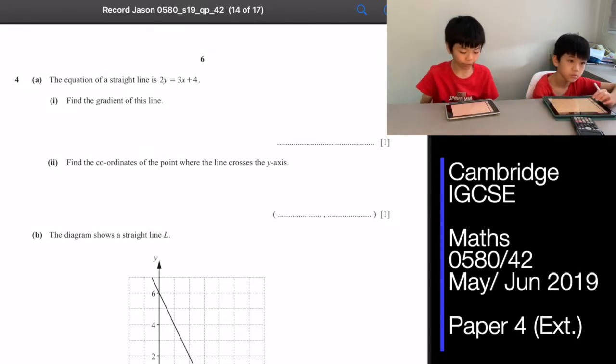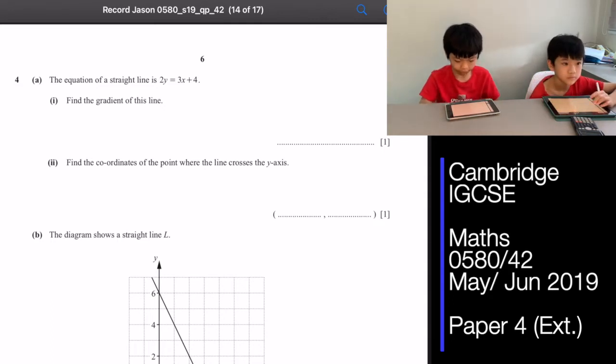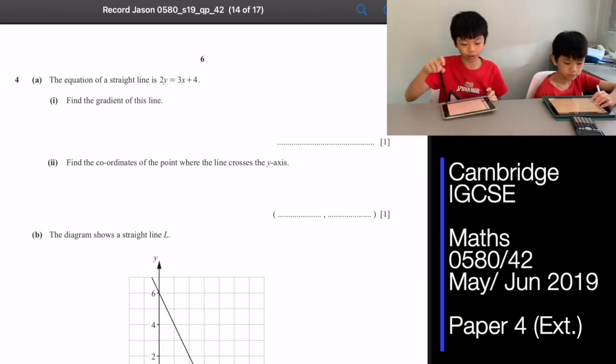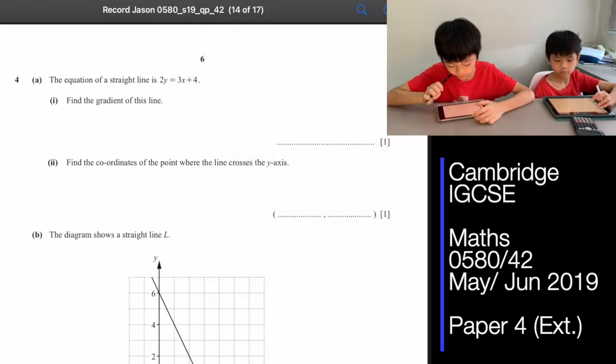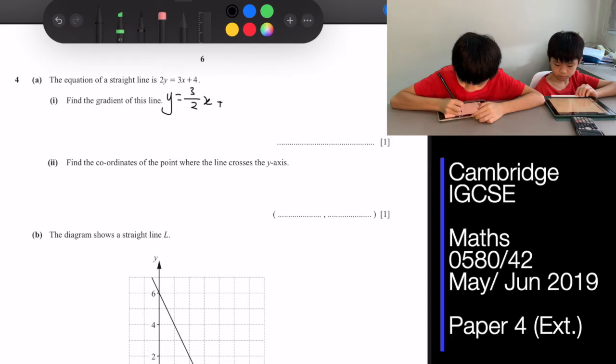Alright, so for question 4, the equation of a straight line is 2y equals 3x plus 4. Find the gradient of this line. The gradient is the slope of the line, but firstly we can't find it because it's 2y, so we'll change it to y real quick. y equals 3/2 x plus 2.